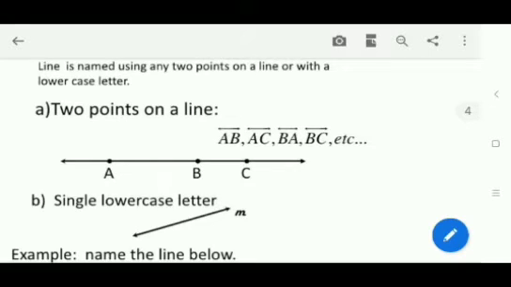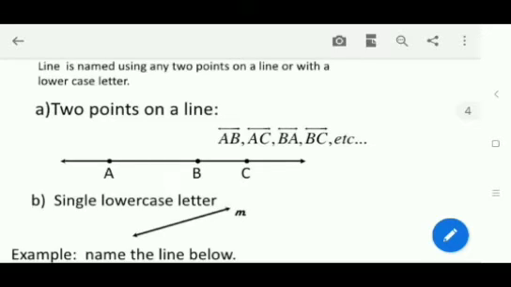So as you can see in the figure, in the first figure, the line can be named as line AB or line BA, line AC or line CA, or you can name it as line BC or line CB. It means when you name a line by using two letters, you take those two as the points on the line and name it. If you're naming a line by using a single letter, the line is always named by using a small letter in that case.